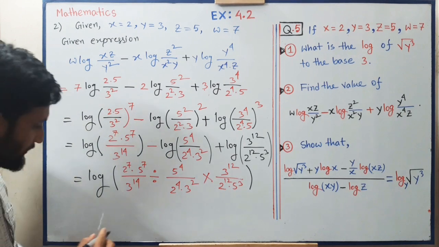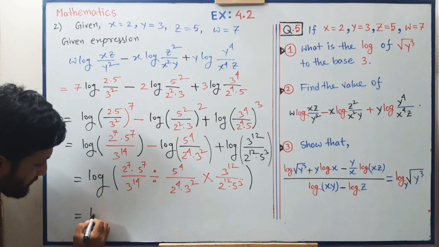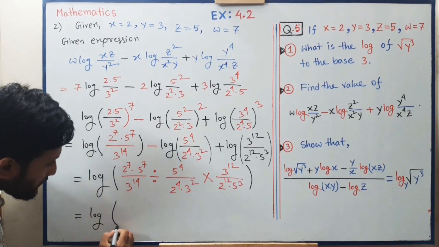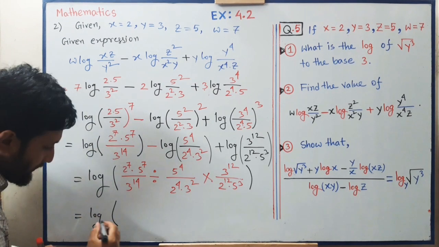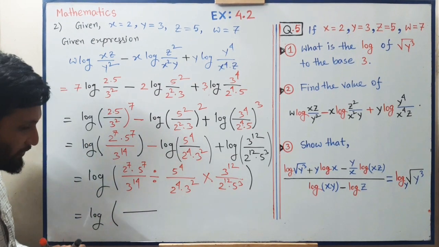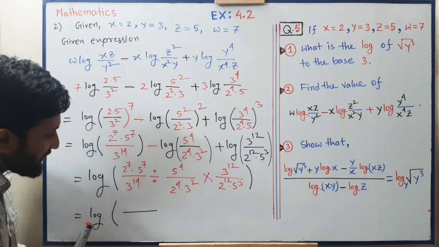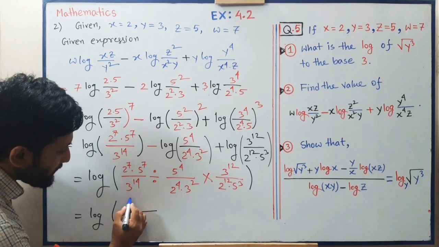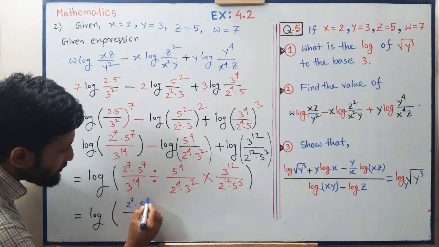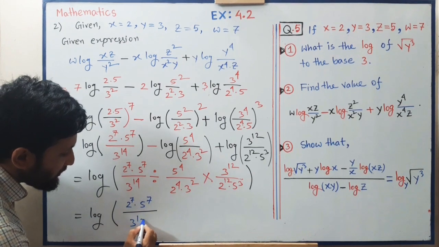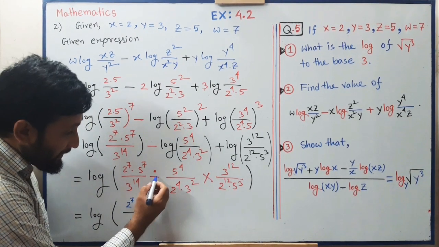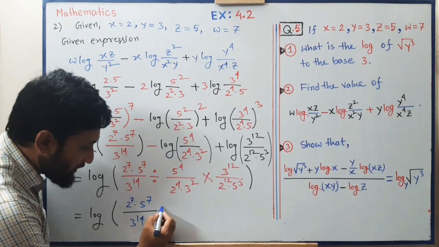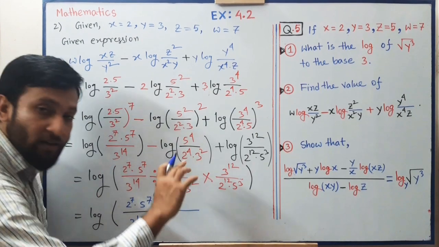Okay, now next line we can write log, and then here 2 to the power 7 into 5 to the power 7, 3 to the power 14, and we can set this divide sign as a multiplication. So the next term will be the reciprocal.